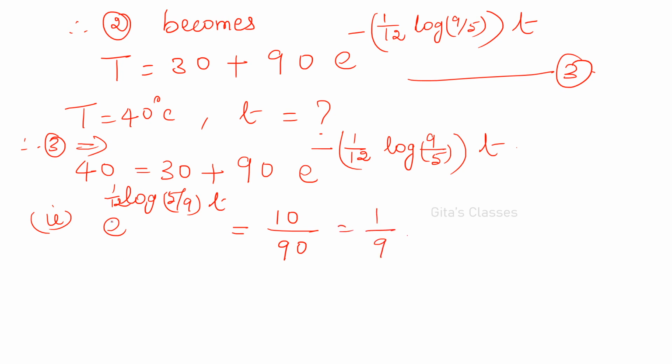Okay. Now taking log on both sides, I'll get 1 by 12 log of 5 by 9 into t is equal to log of 1 by 9. So 1 by 12 into log of 5 by 9 into t is equal to log of 1 by 9.